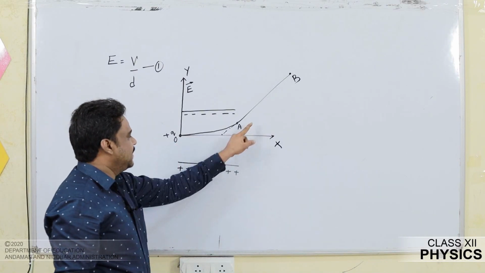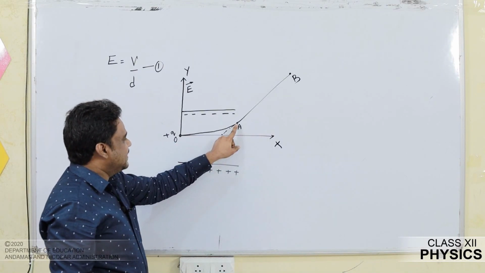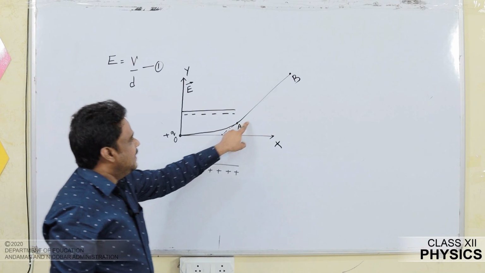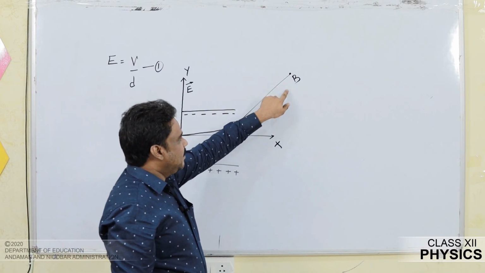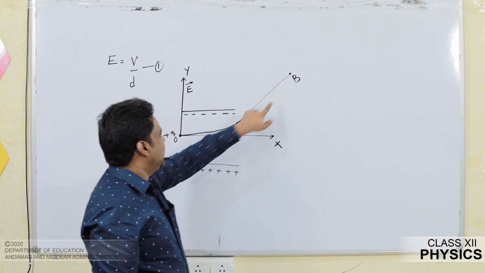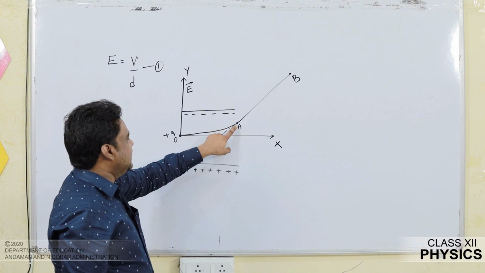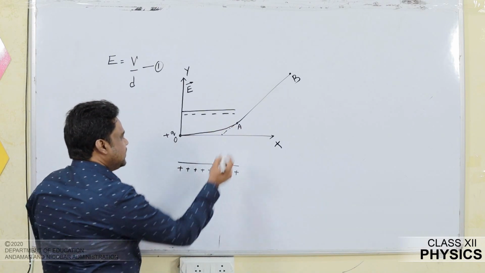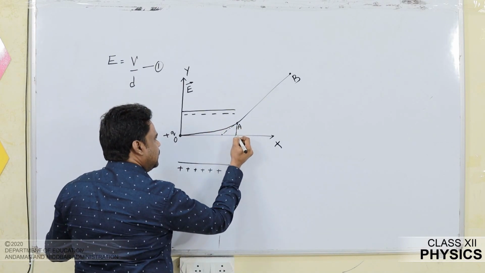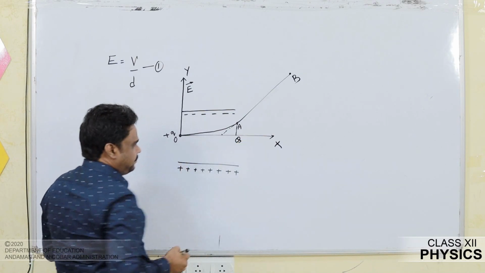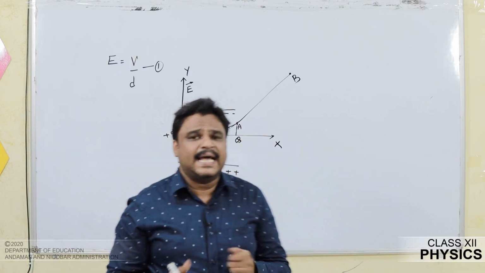Once it comes out of the electric field, it moves in a straight path, looking like a tangent drawn at point A. So I am going to assume, say this point is Q. During this, what happened?